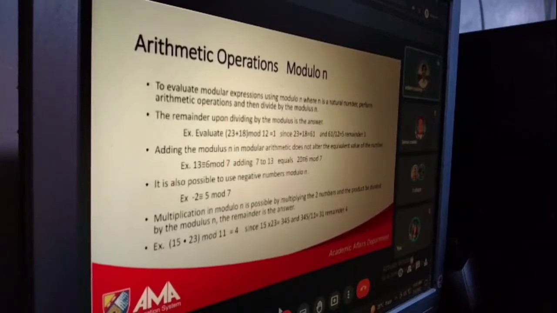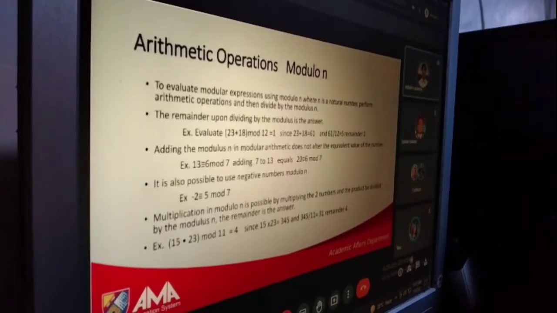No? So, 20 is congruent to 6 with the modulus 7 is the equivalent value of the 13 congruent to 6 with the modulo 7. Basta isa lang yung modulo niya, 7 siya. Pero, once na ina-add yung modulo n natin with our first integer, ang tawag doon ay equivalent value or equivalent modular arithmetic.